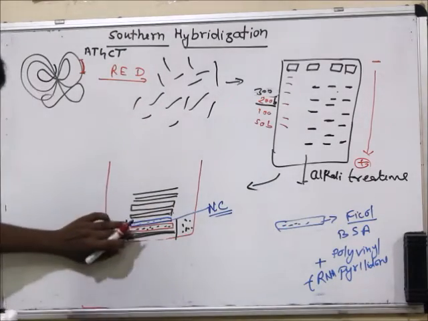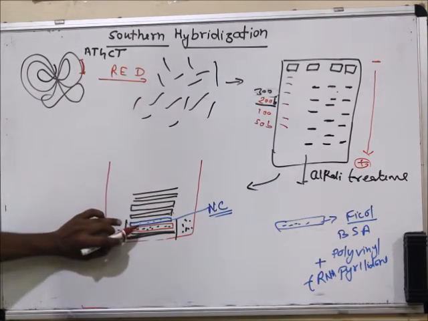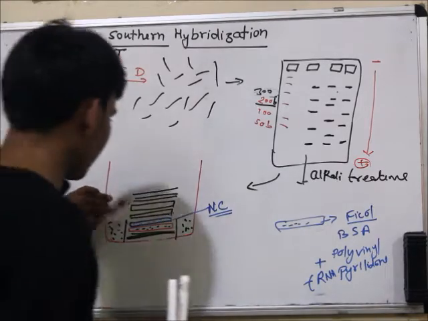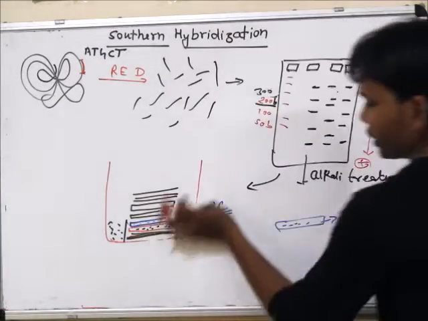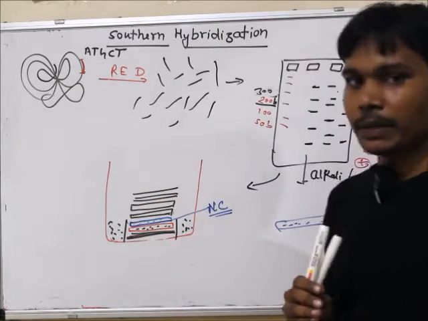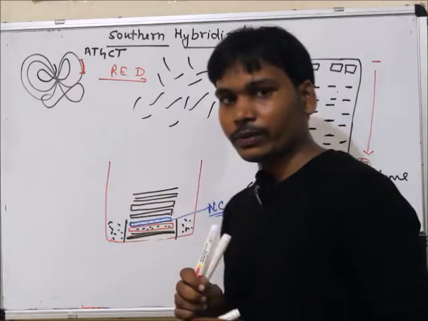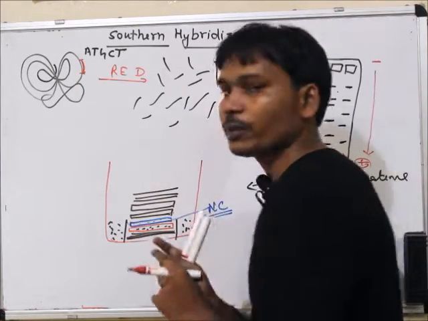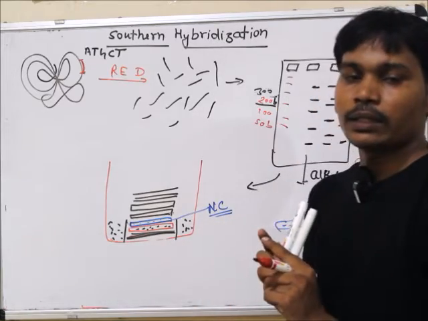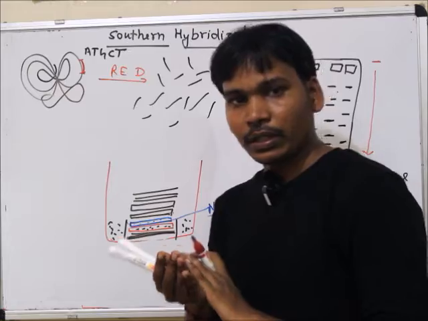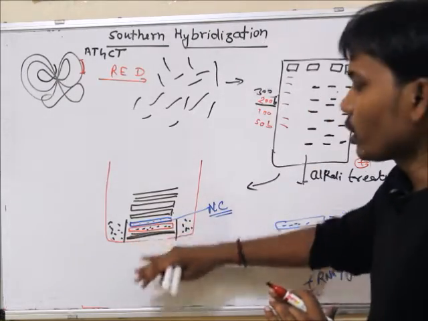So you will see that the buffer transfers from the gel to the towels and is absorbed, but the DNA cannot transfer to the towels, because there are specific groups in the nitrocellulose paper that bind to the DNA and stop its movement upward.